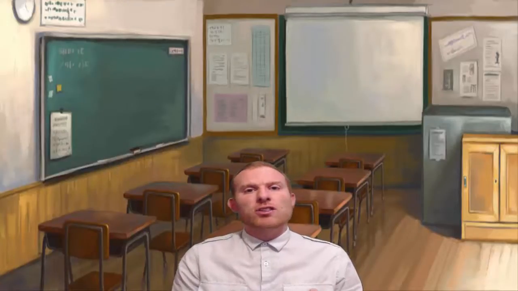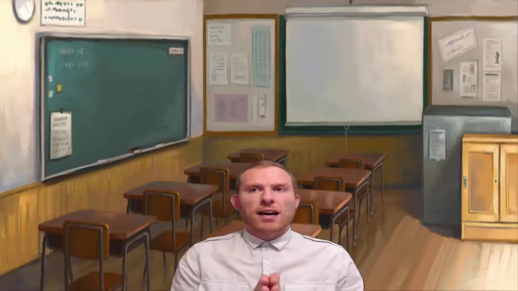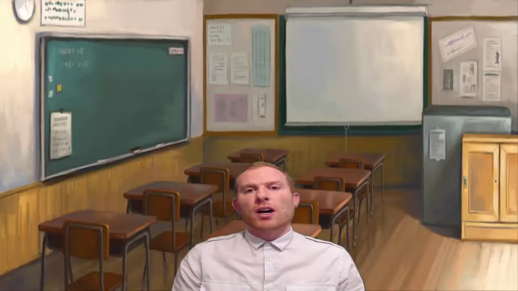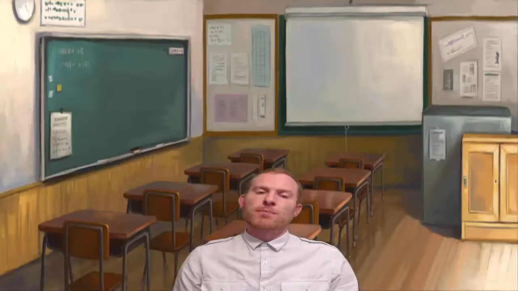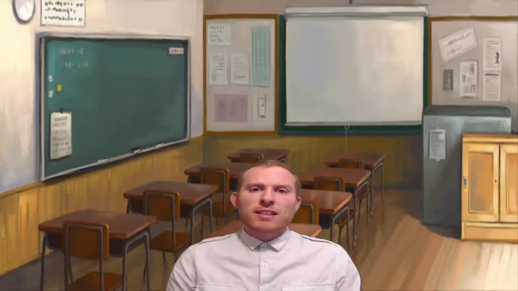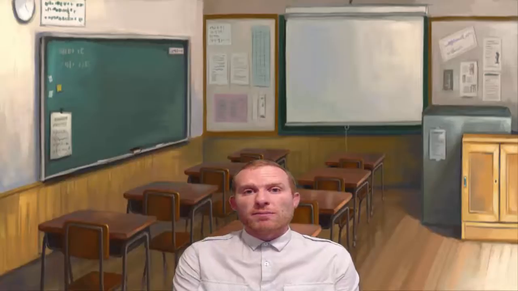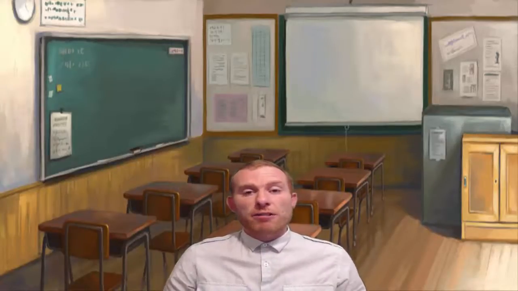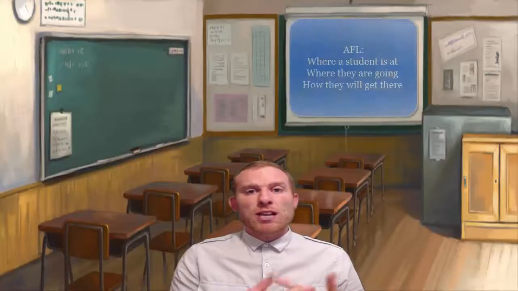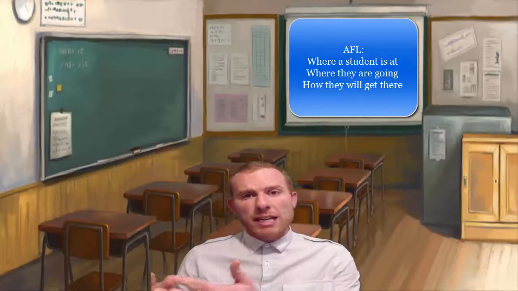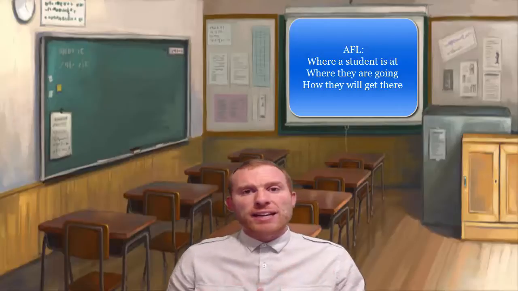So let's start off with why lesson objectives and lesson outcomes are so crucial to student attainment and progress. The first thing to consider here is they tie in with assessment for learning, or they should do. And if you don't know what assessment for learning is, very simply, it's where a student's at, where a student needs to get to, and how they're going to get there.